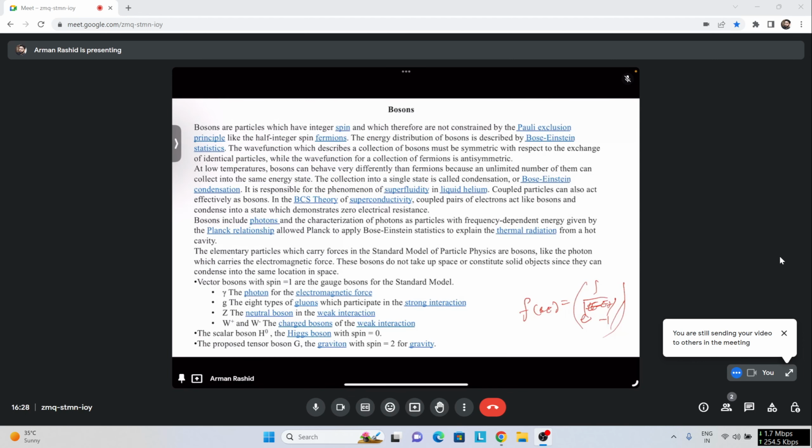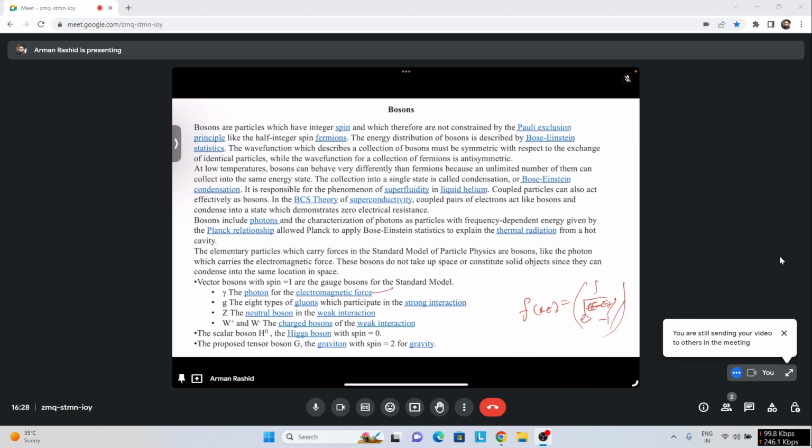Now, these bosons are the fundamental particles which carry force. For example, the photon carries the electromagnetic force. Bosons do not take up space, so they cannot constitute a solid object, but they can condense in the same location in space. Vector bosons with spin 1 are the gauge bosons of the standard model. Gamma is the photon for the electromagnetic force.